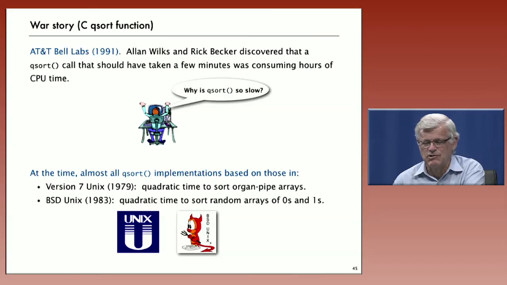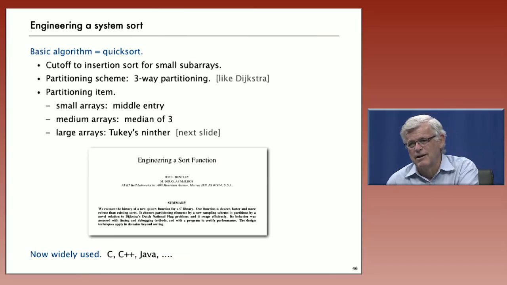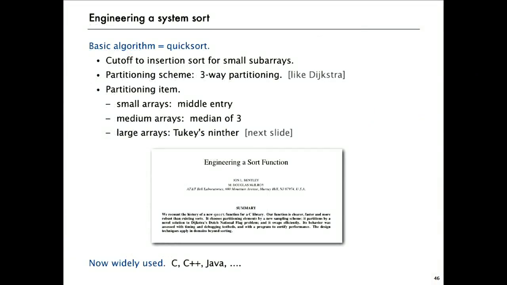System designers, Jon Bentley was one of the designers who took a look at this problem, and that led ultimately to the development of the three-way QuickSort that we use today. He worked with Doug McIlroy, and they wrote a paper that outlined this problem and talked about some of these things. And they had a three-way partitioning method that was somewhat like the Dijkstra method that we showed, but a bit more complicated.